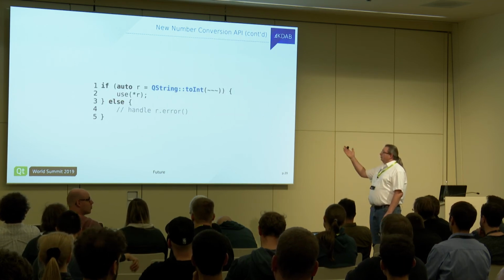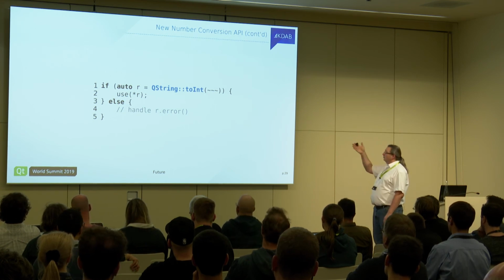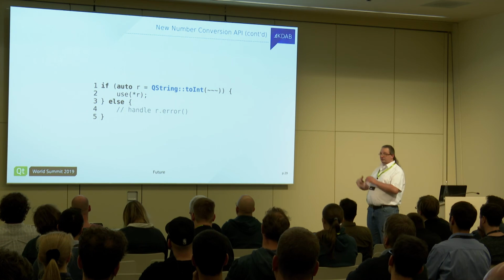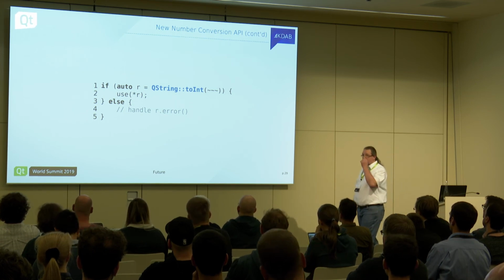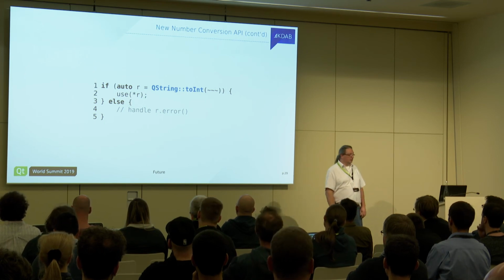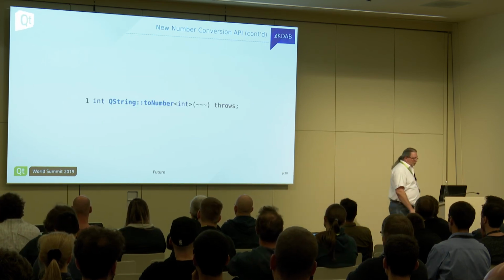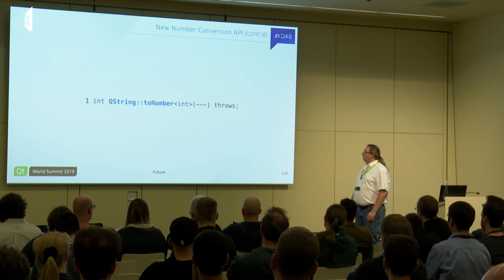And the idea is that it's some kind of optional, so we return from ToInt some object that you can test for with the bool conversion, and the dereferencing operator gives you the result. Otherwise, you need to call error to handle it. So this is Herb Sutter's idea how to do this.